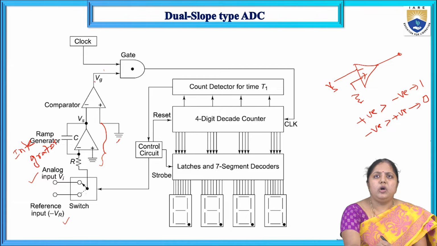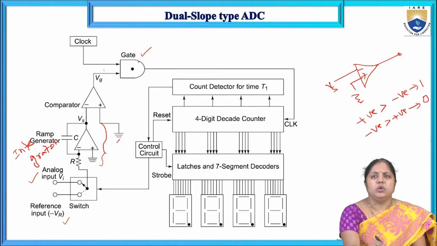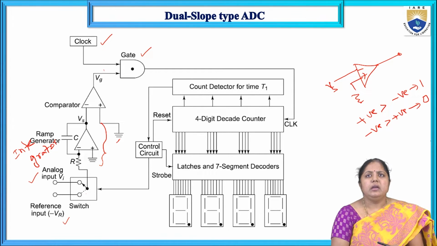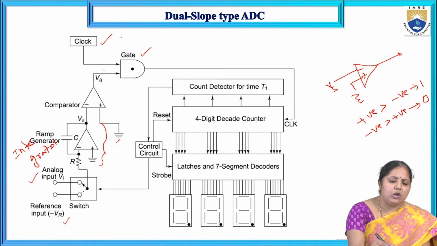The output of this comparator is given as the input to the gate circuit. What is the other input for the gate circuit? The clock signal is the other input I have given to the gate circuit. The clock continuously generates clock pulses like this, right?